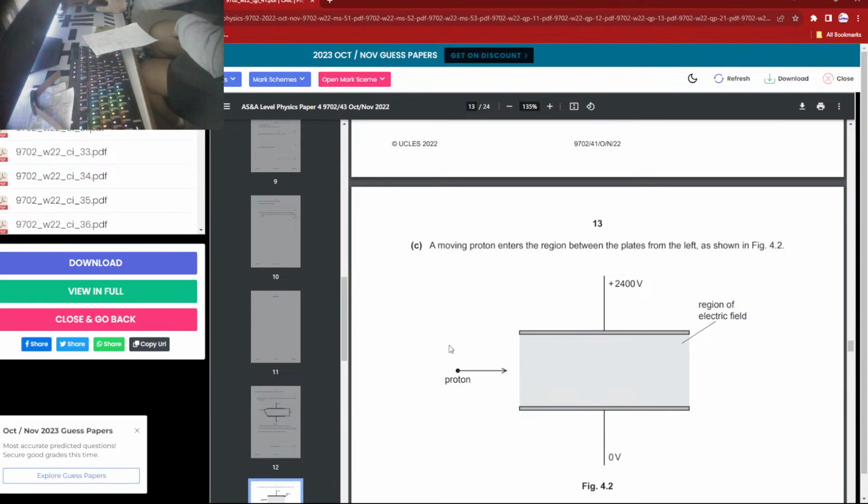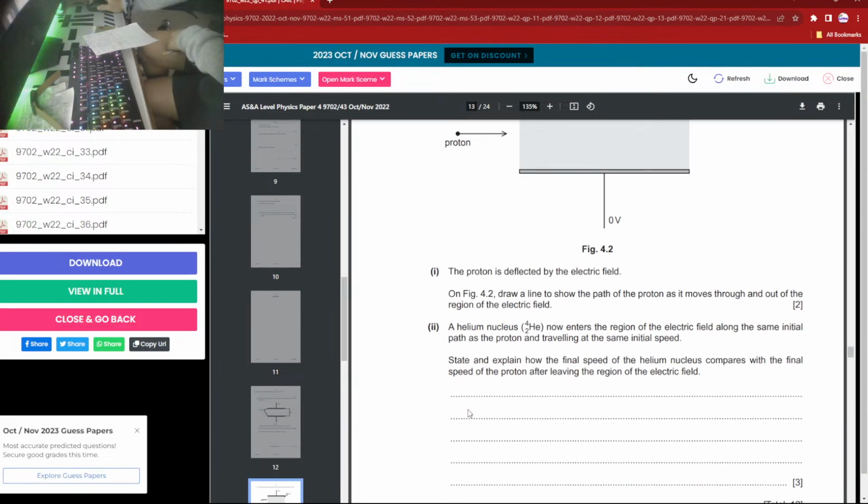Protons are 1 neutron, 1 electron. Yeah, okay. So for it being 1 neutron, 1 electron, that means that the helium nucleus is twice the charge, but 4 times the mass.